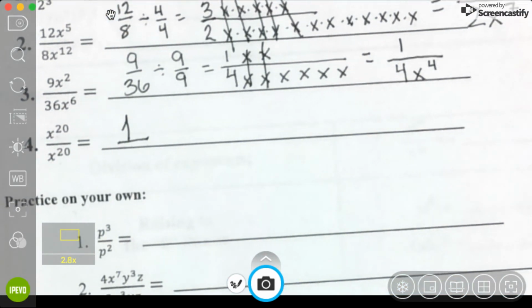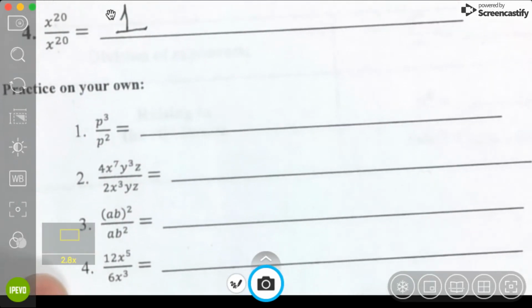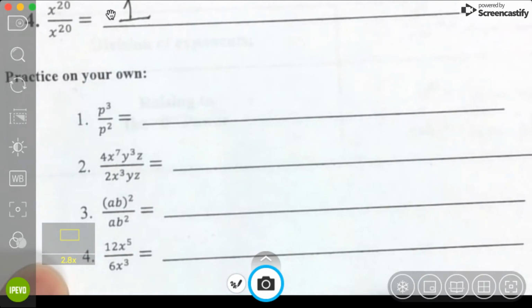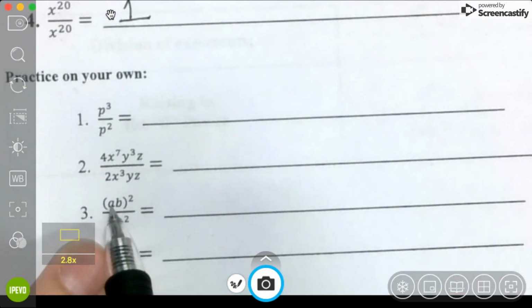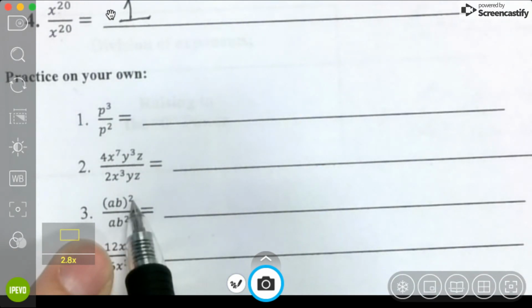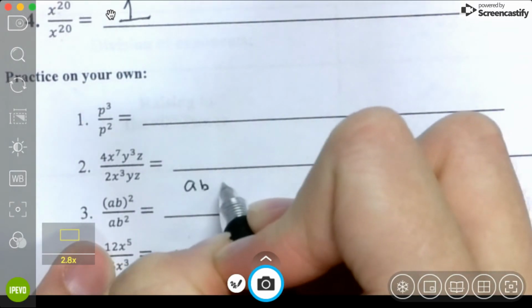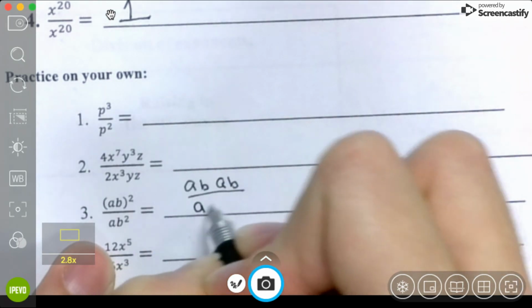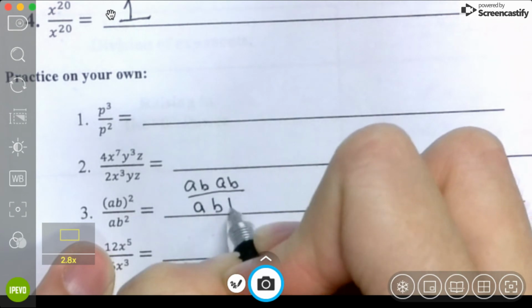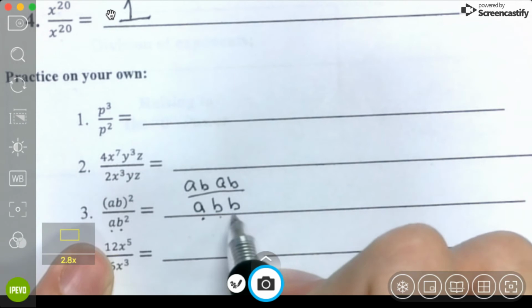Okay? Where it says practice on your own, I want to do one of them together first, just so that you get an idea. Okay? We're going to look at number 3. This AB to the 2nd power. So that AB would be written twice, and that's over A, B, B. There's only one A, and there are 2 B's.